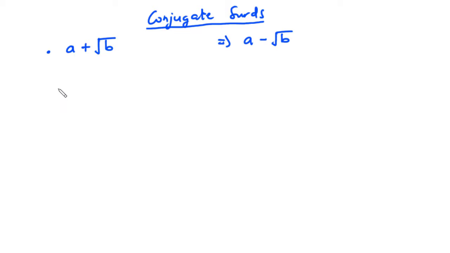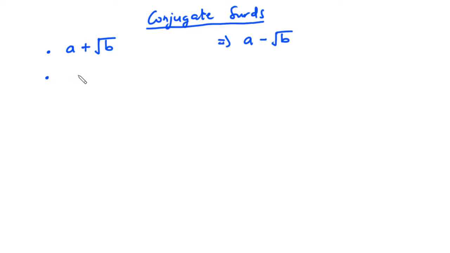Now the difference between the two is that if you are given this expression, to find the conjugate of it, then basically you are going to change the operation in between the two terms, so that a plus the square root of b has a conjugate a minus the square root of b.